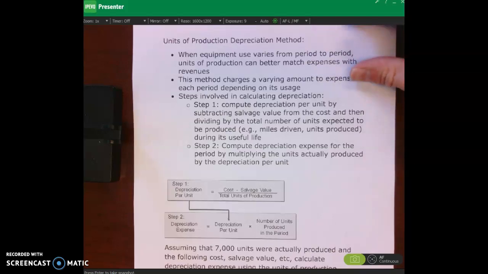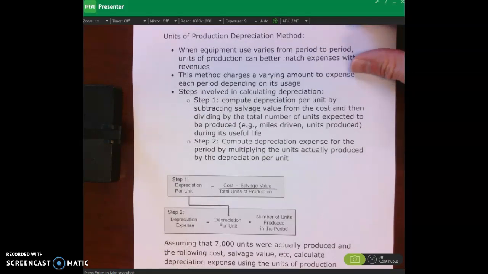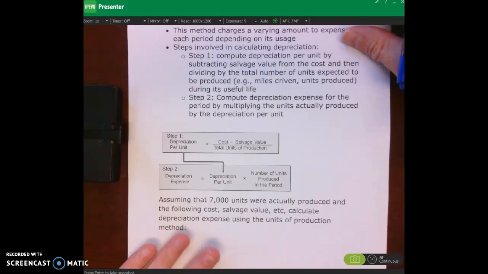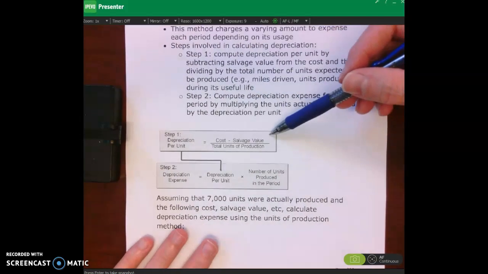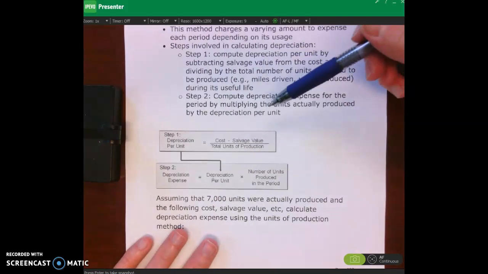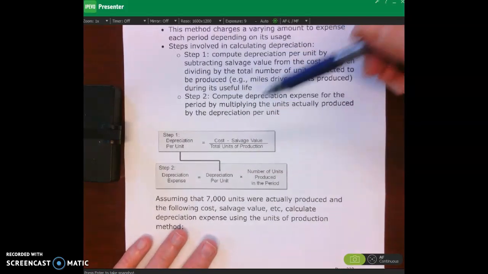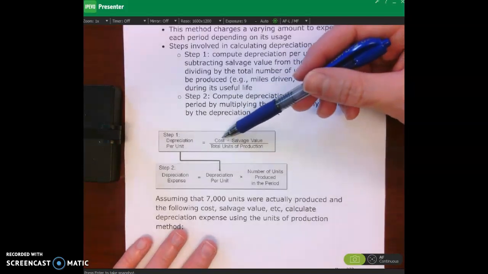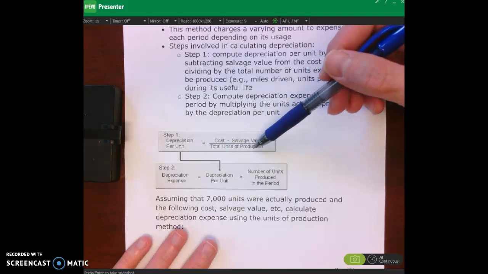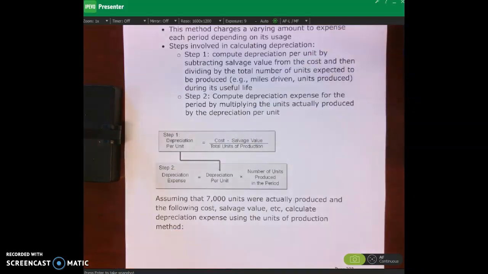So when we're calculating depreciation using units of production, what we do is we have to do two steps. The first step, as we can see down here, is to calculate our depreciation expense per unit. And how do I do that? I take my asset cost minus the salvage value divided by the total units of production.